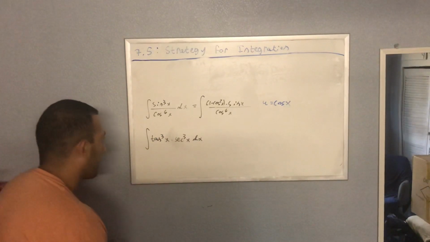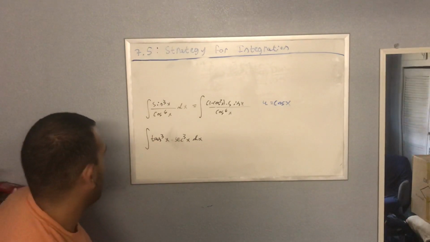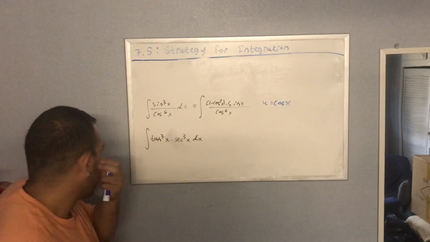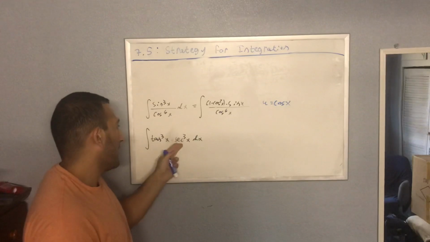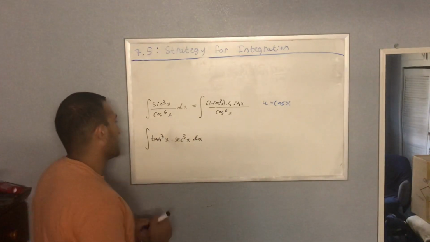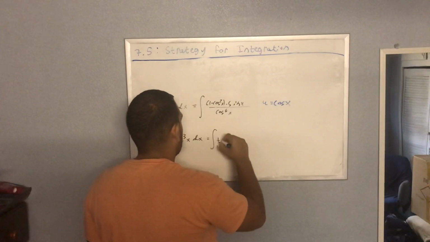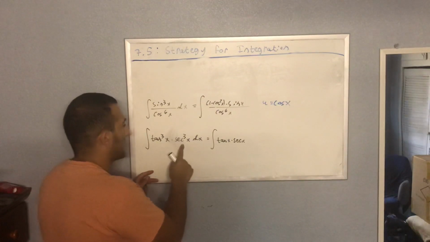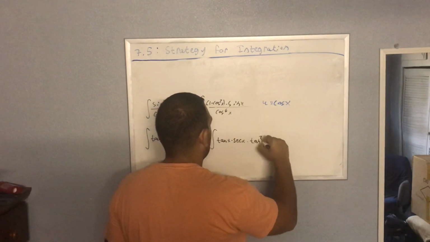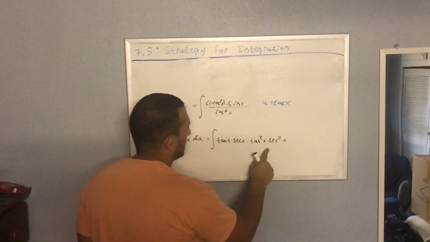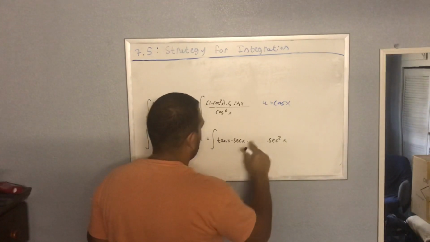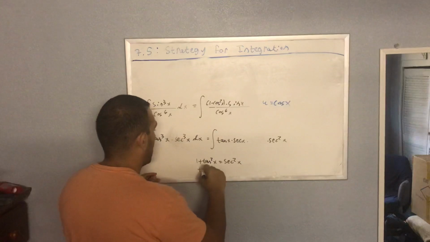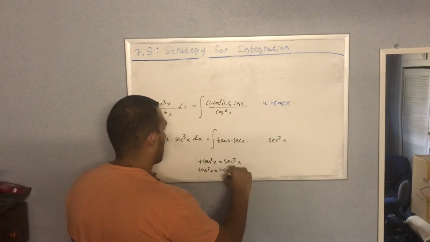Now for this one here, because there's not an even power of secant, we'll convert this into a tangent x times a secant x. So I pulled one tangent and one secant away here, so I'm left with a tangent squared times a secant squared. And then this tangent squared you can turn into, remember, 1 plus tangent squared is secant squared, so tangent squared is secant squared minus 1.